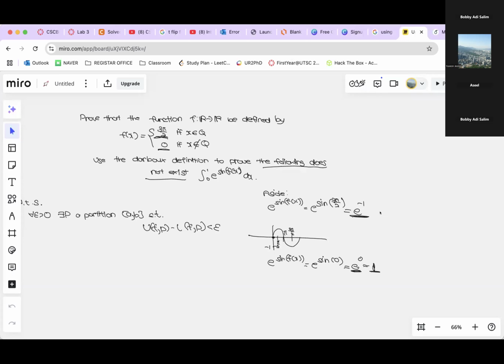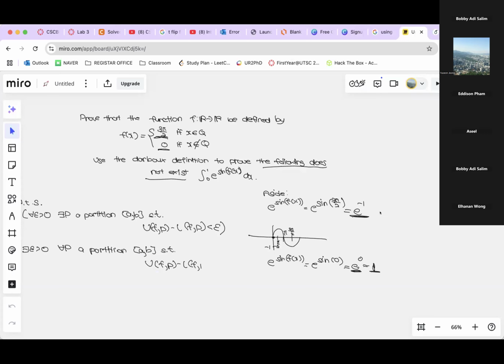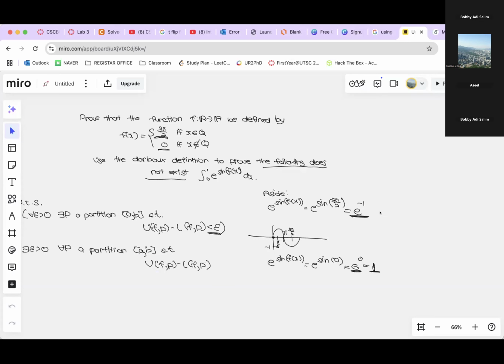So we want to get the inverse statement of this. So we place there exists epsilon greater than 0 for all P of partition A and B such that U of F and P minus L of F and P, this one, is less than epsilon.